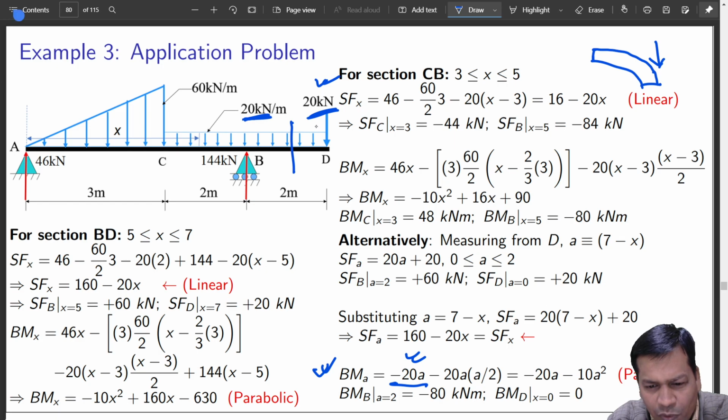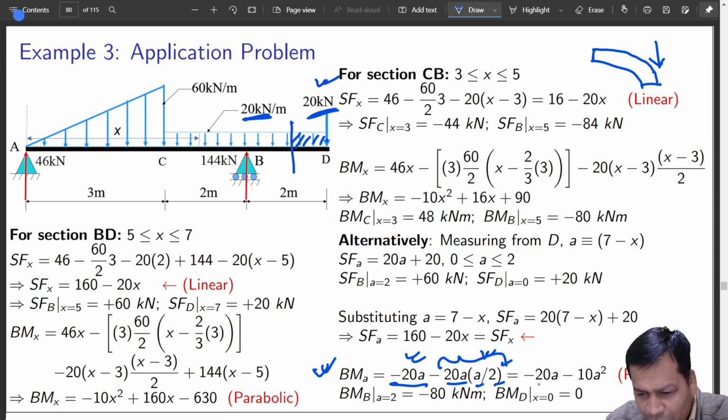So 20 into A by 2, 20 plus 0 by 2 into A square. So this is exactly that. This is acting at a distance A by 2. 20 into A is the load acting at a distance of A by 2, it gives me 20 A square by 2. So that is the thing.